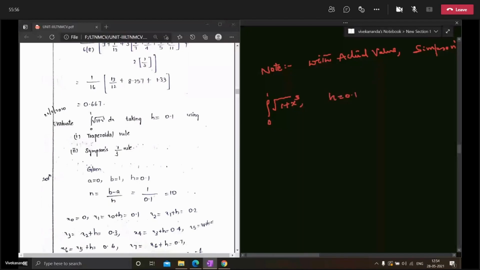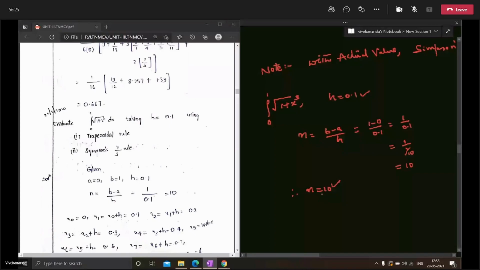B is 1, a is 0, divided by 0.1, which is 1 by 0.1, which equals 10. Therefore, the number of subintervals is equal to 10.